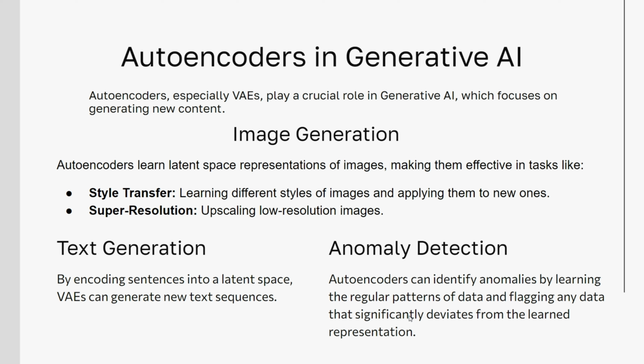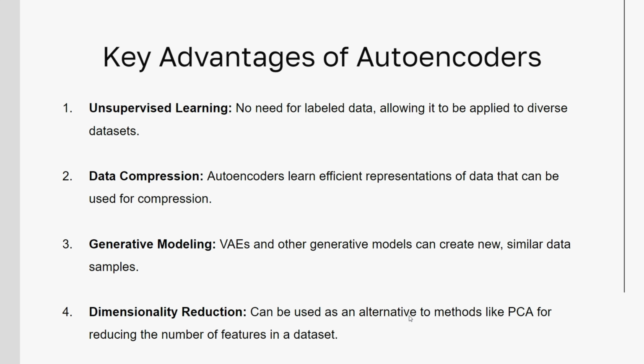Next, they use autoencoders for anomaly detection. So let us say we have a trend that is being followed and we want to detect all the outliers in a particular input data. We can design an autoencoder to do this particular task. Now, what are the key advantages of using the autoencoder?